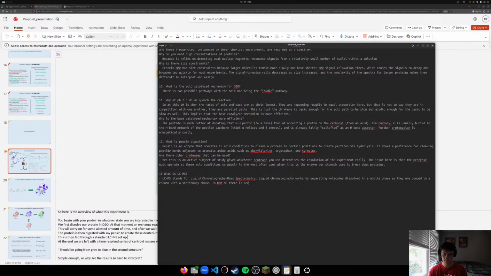There's actually a trapping column that desalts and strips these side chains of their deuterium.